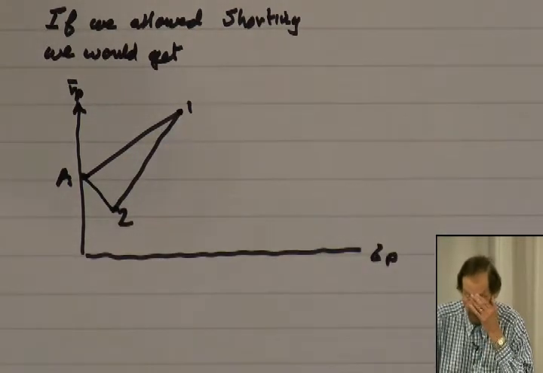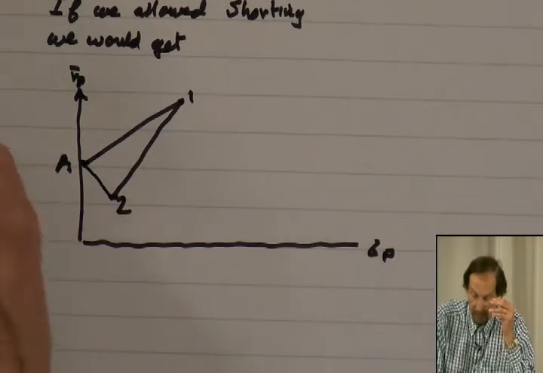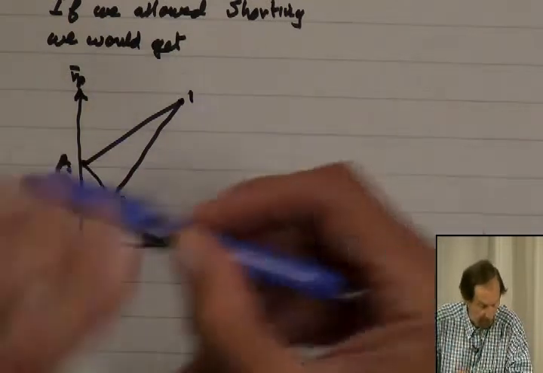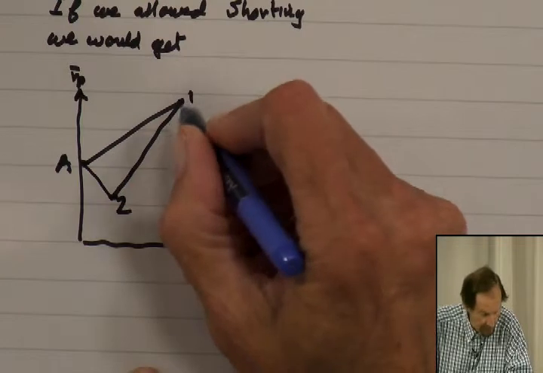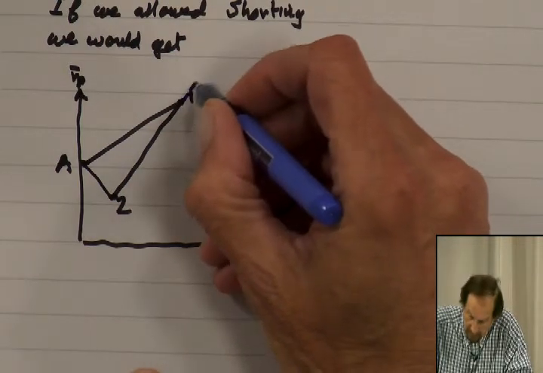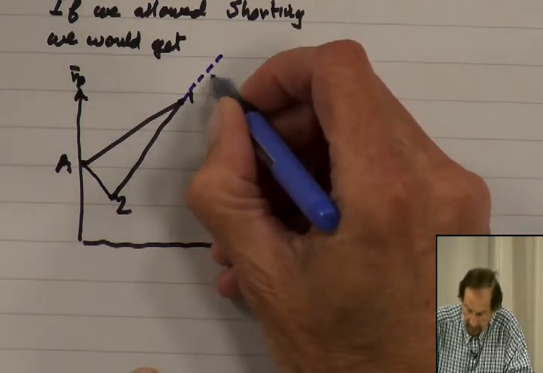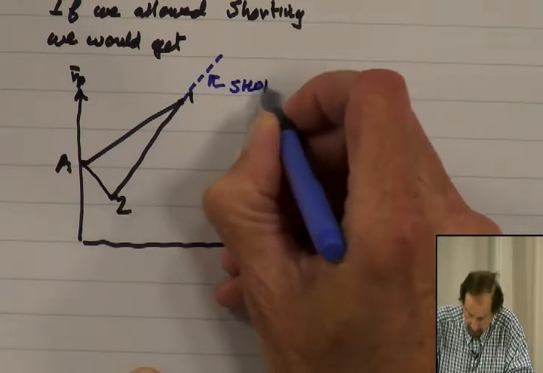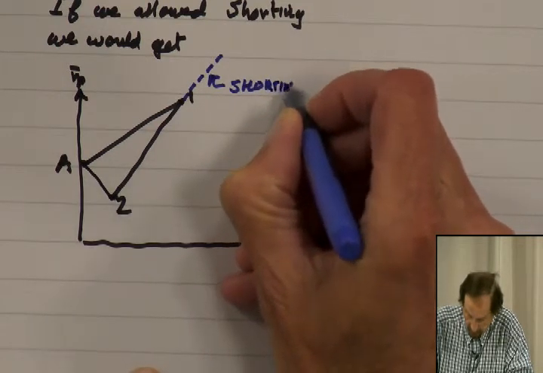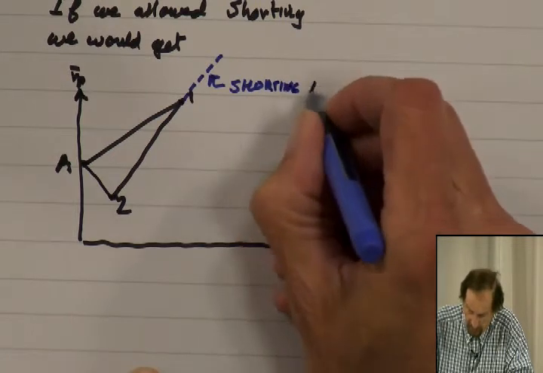Now, if you allow shorting, what happens? This would continue to go up this way. This would be shorting asset 2.